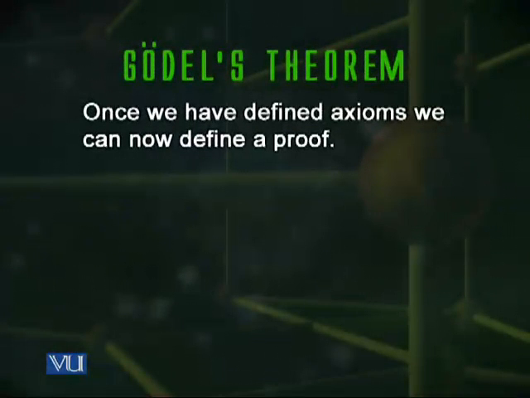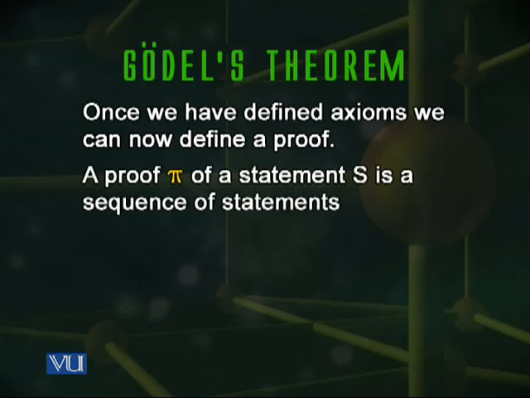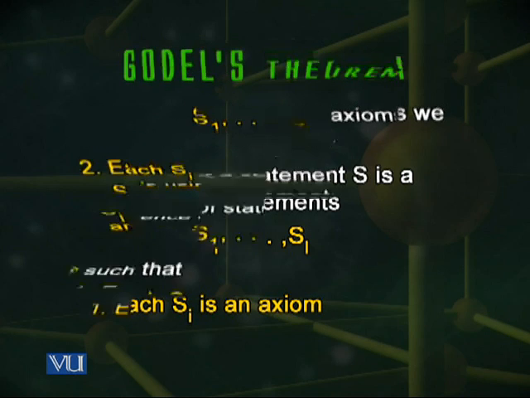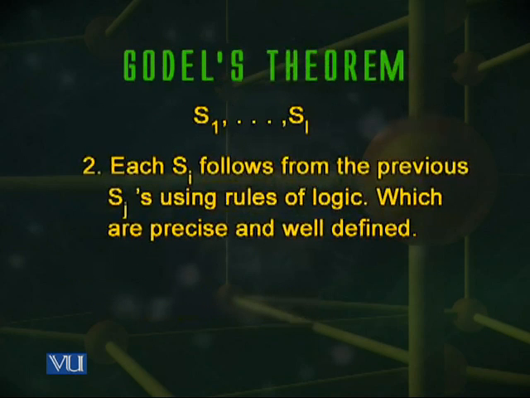Once we have defined axioms, we can now define a proof. A proof pi of a statement S is going to be a sequence of statements S1, S2 all the way up to SL, such that each Si is either an axiom or each Si follows from the previous Sj's using rules of logic which are precise and well defined.